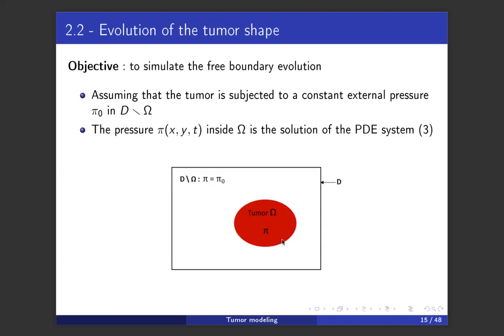Okay, we suppose that the pressure outside the tumor is equal to P0, the same pressure. We can compute inside the tumor the pressure using a Laplace equation, and we have another boundary condition on the boundary of omega, which is P equals P0.